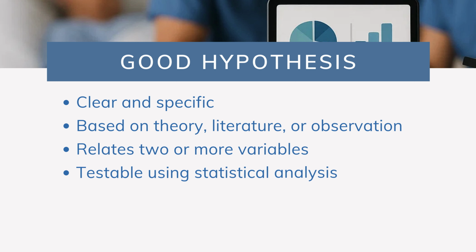The hypothesis must be testable through statistical means. You should be able to gather data, run statistical tests like Pearson R, chi-square, or t-test, and objectively evaluate whether the hypothesis is supported or not.